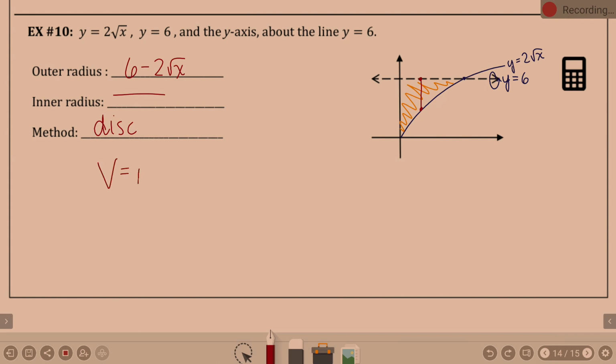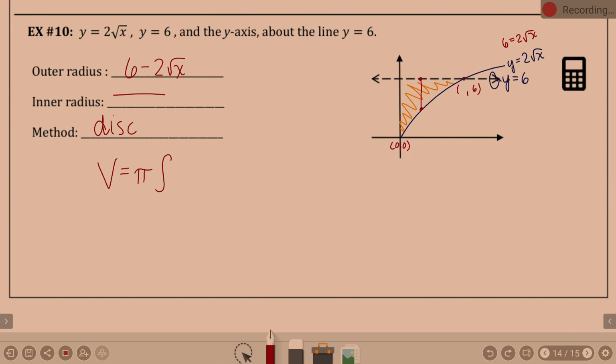Okay, let's pause. We are working in terms of x. We know this is 0, 0. I need to know this point. Well, I know it's something comma 6 because it's y equals 6, right? So my brain is saying 6 equals 2 times the square root of what? 6 divided by 2 is 3.